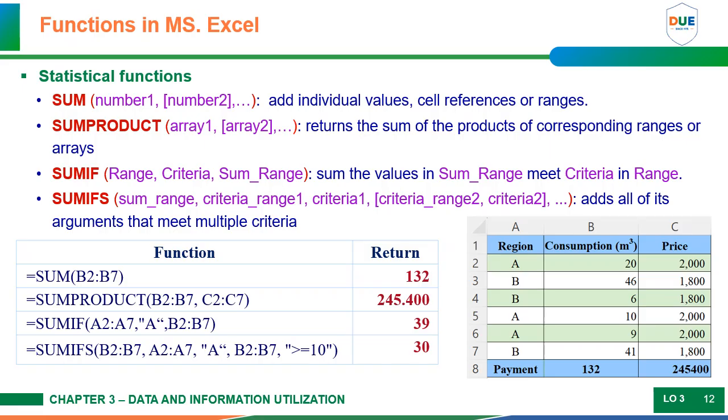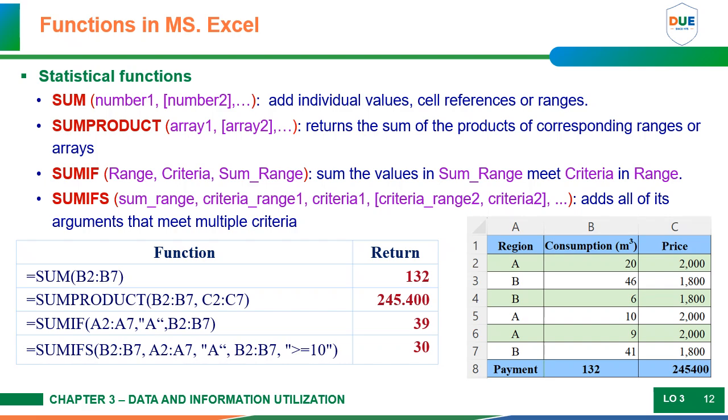Examples: SUM(B2:B7) returns 132. SUMPRODUCT(B2:B7, C2:C7) returns 245,400. SUMIF(A2:A7, "A", B2:B7) returns 39.